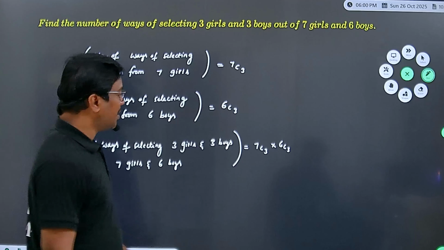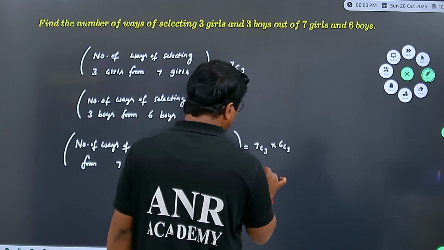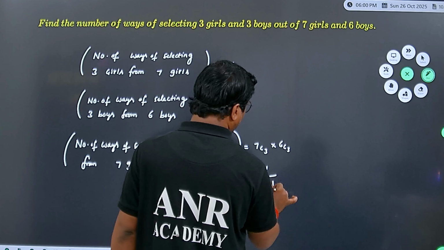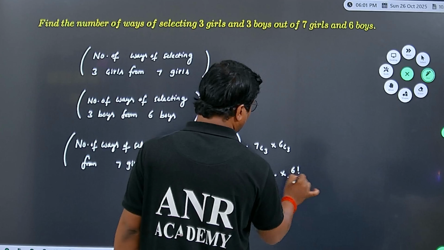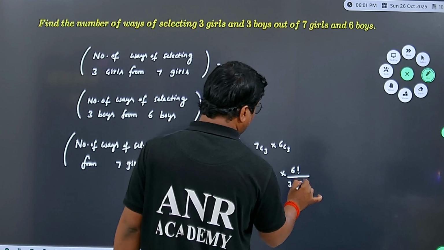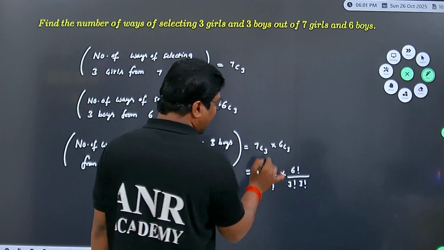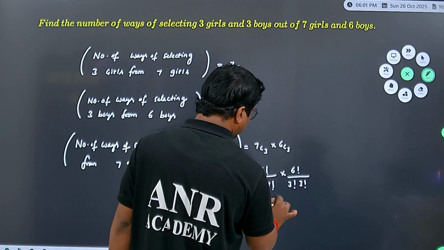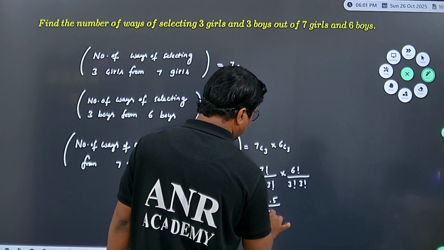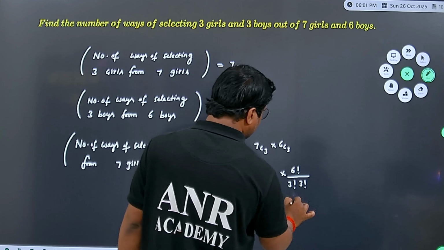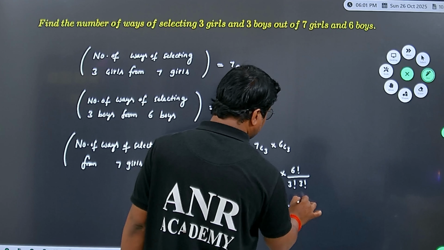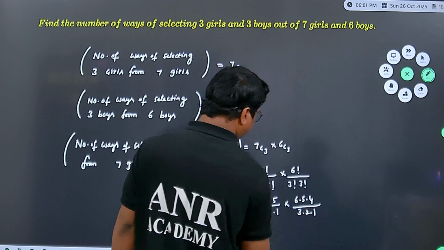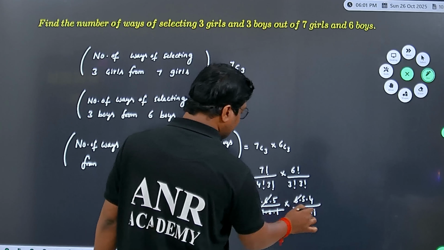You can simplify this. This is 7 factorial by 4 factorial into 3 factorial, and 6 factorial by 3 factorial into 3 factorial. 7 factorial by 4 factorial, I am going to write 7, 6, 5, next 3 factorial value 3 into 2 into 1. 6 factorial by 3 factorial is 6, 5, 4, 3 factorial value 3 into 2 into 1. 6, 3 2 1 and 6, 3 2 1 cancel.